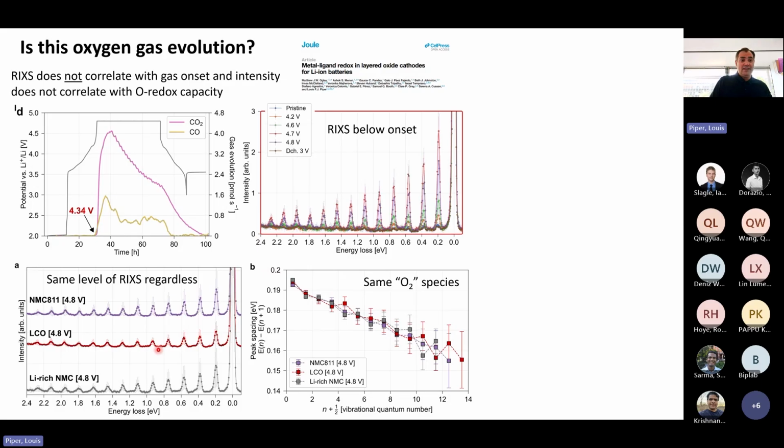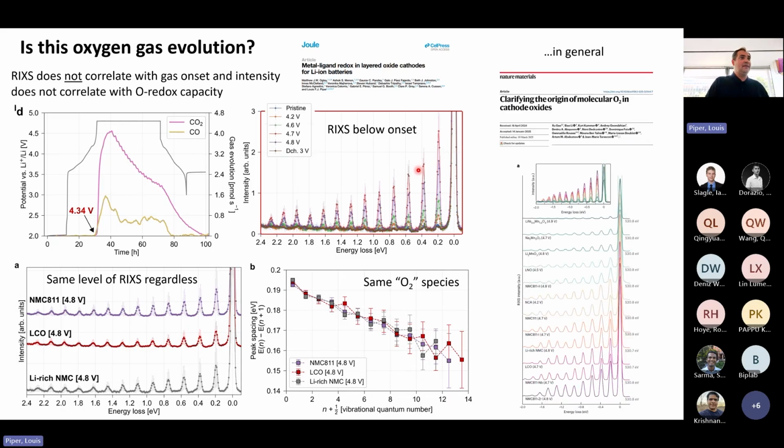For those not familiar, lithium cobalt oxide is a great material because it really keeps the lithium in the right places. The cobalt does not like moving around, whereas in the nickel-rich cases, nickel 2+ and lithium plus like to move around. And what we found is we saw the same intensity regardless of which system. And we saw it was actually the same species, because we had this high resolution data allowing us to see the spacing.